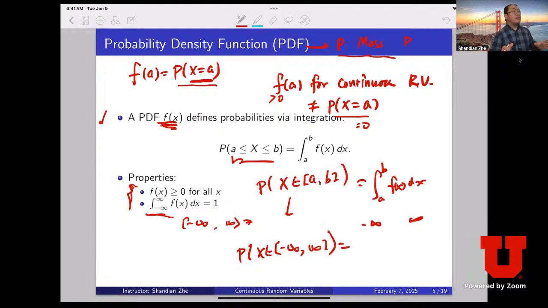This is an event with probability 1, because X, no matter how you mapped it from the original sample space, is always between minus infinity and positive infinity, because it's a real number. A real number is always inside this range, so this is 1. Okay, any question regarding the definition of the PDF? Everyone's comfortable? Okay.